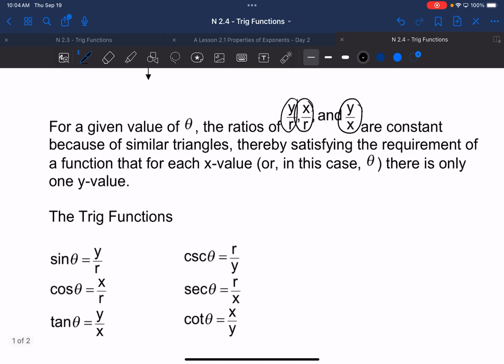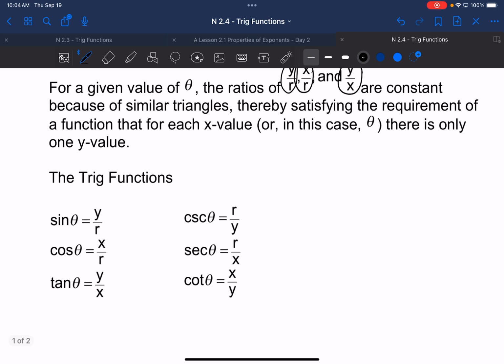Okay, so like we said, sine used to be opposite over hypotenuse. Now it's y over r, because y is opposite and r is the hypotenuse. And then remember, cosecant is its reciprocal, so it's going to be r over y. We flip it over.